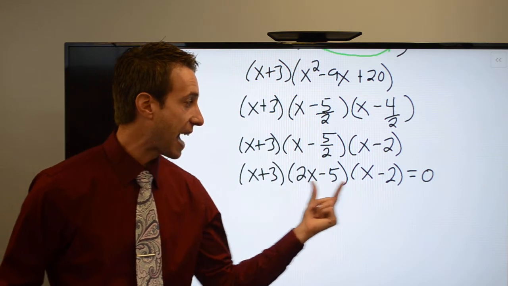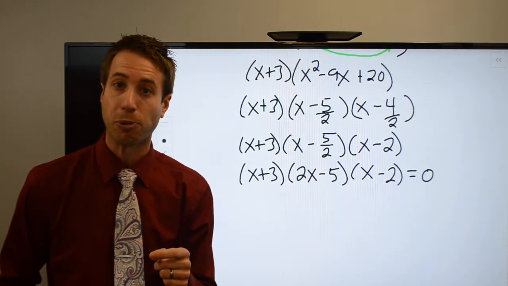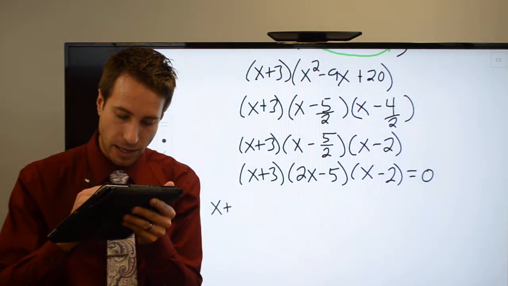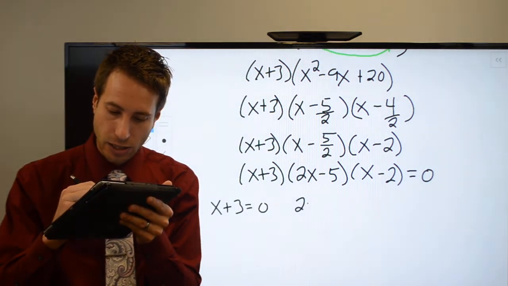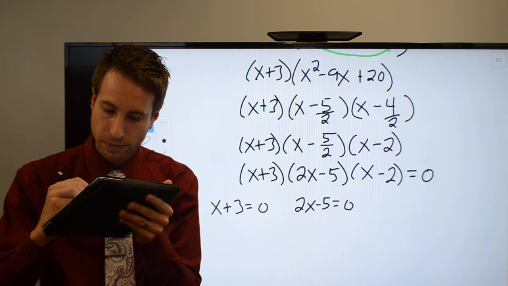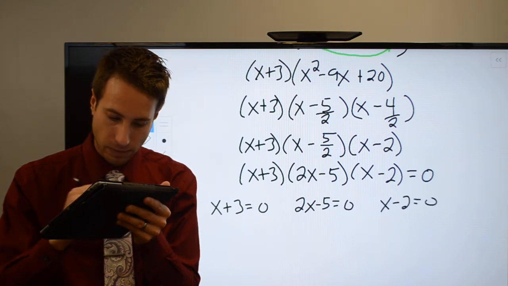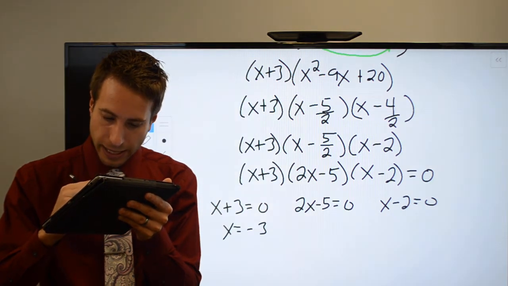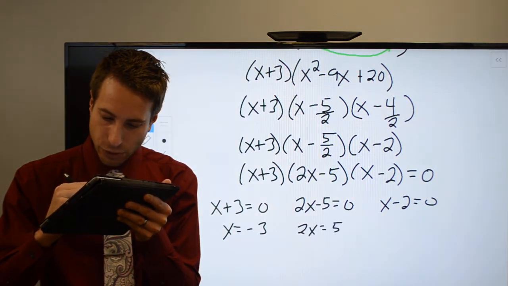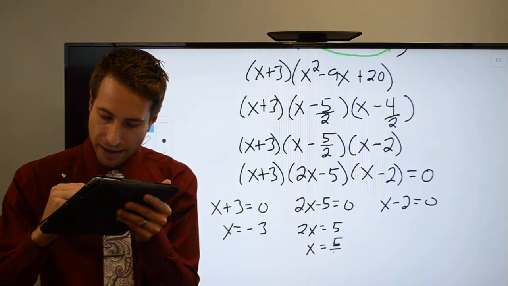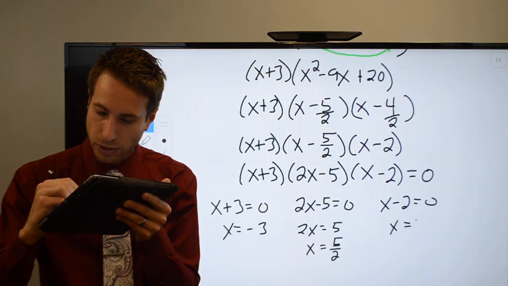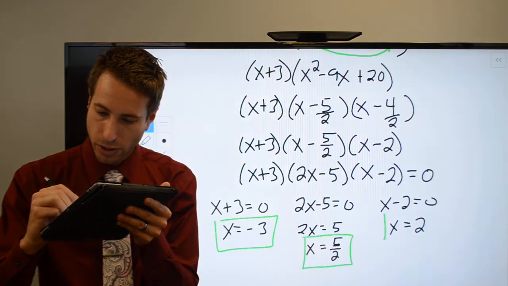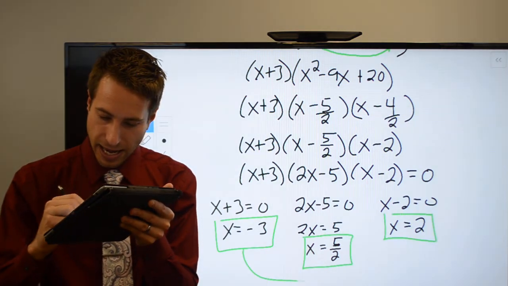Now that this is factored, zero product property lets me split all of those guys up and set them each equal to 0. x is equal to negative 3. I get 2x is equal to 5, which means x is equal to 5 halves, and x is equal to 2.